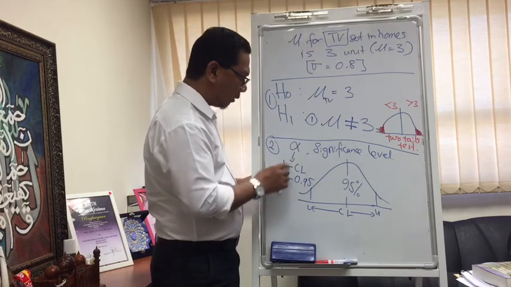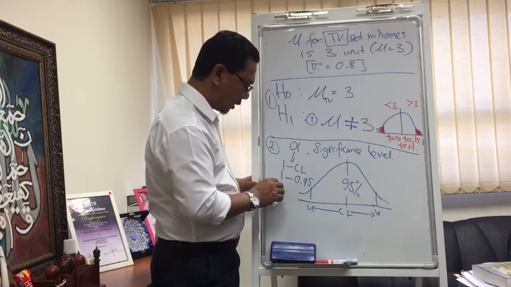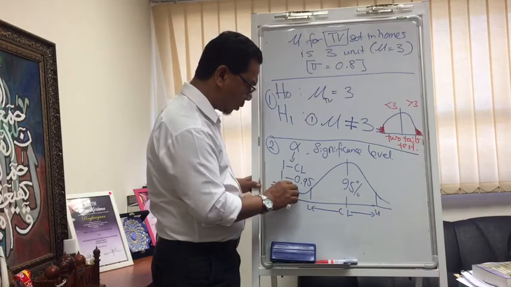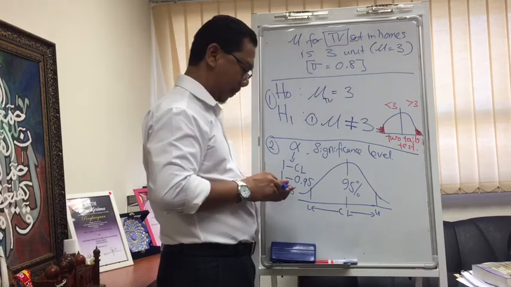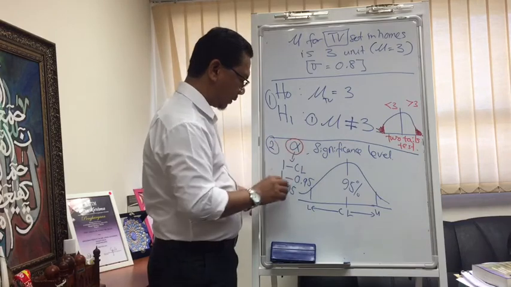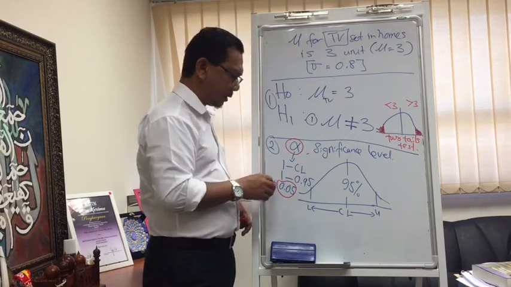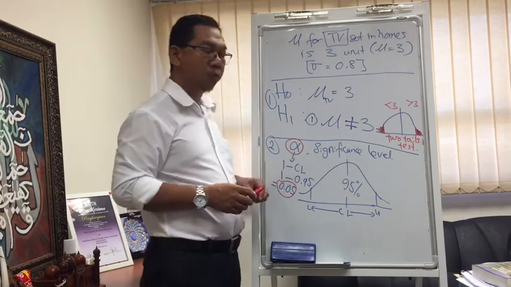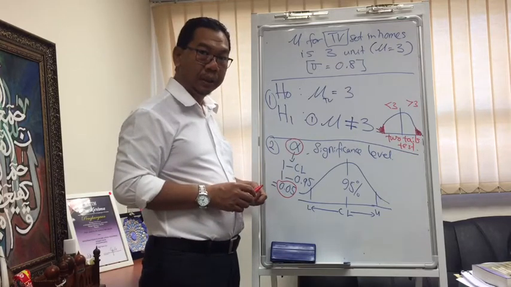So the alpha, the significant level, is 0.05. This is the value for the significant level.